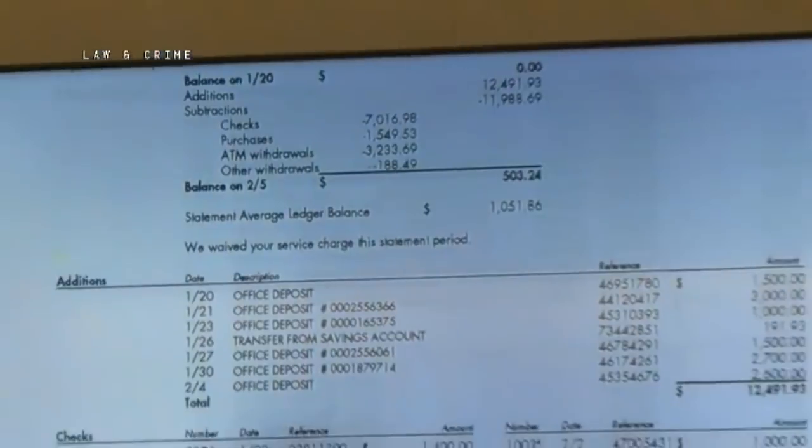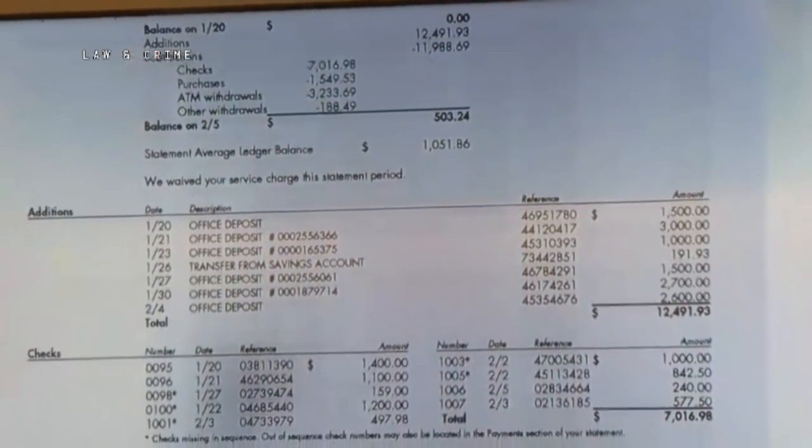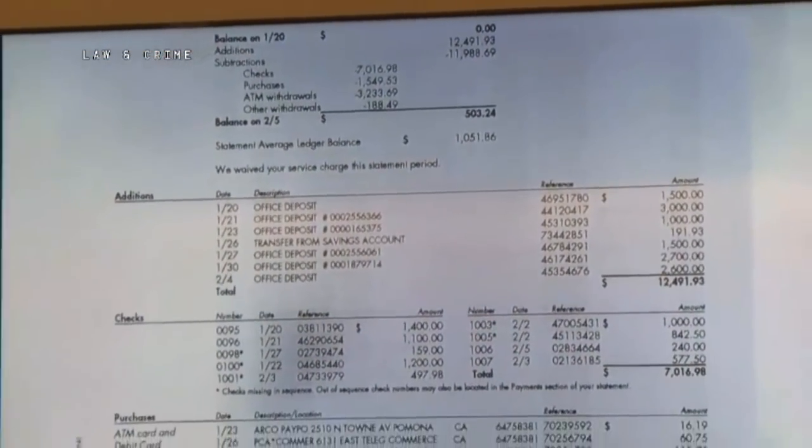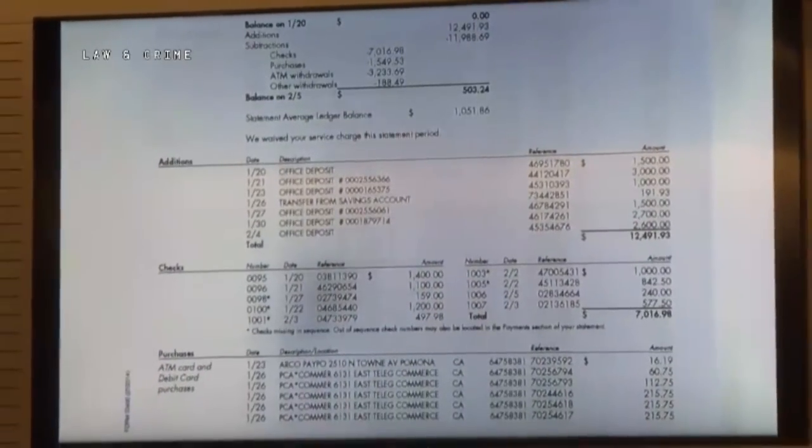Okay, and I want to show you actually the first page of that account, which is 882. And we see this category of transactions, this would be for the record from January 20th of 2009 till February 5th of 2009.